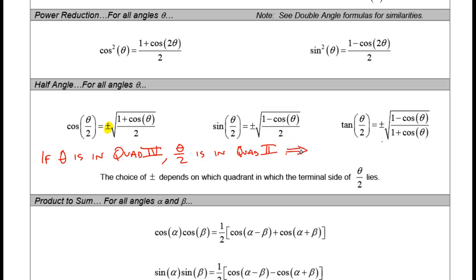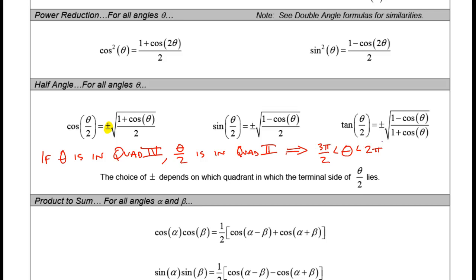So I know this. Quadrant 4 means that theta is between 3 pi over 2 and 2 pi. Okay, that's the range of angles for quadrant 4.